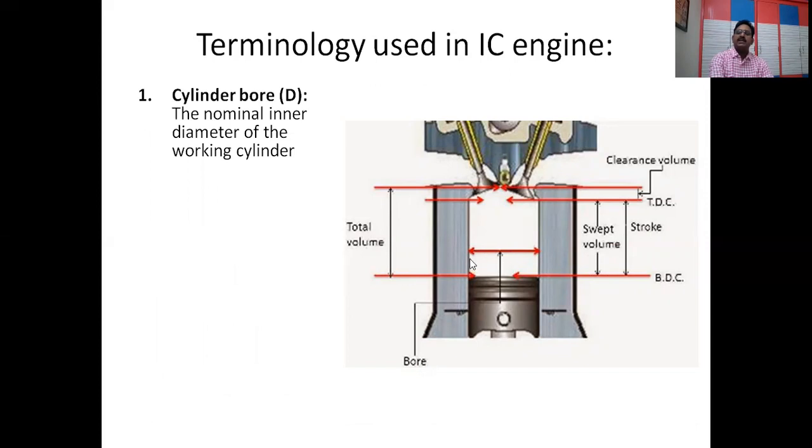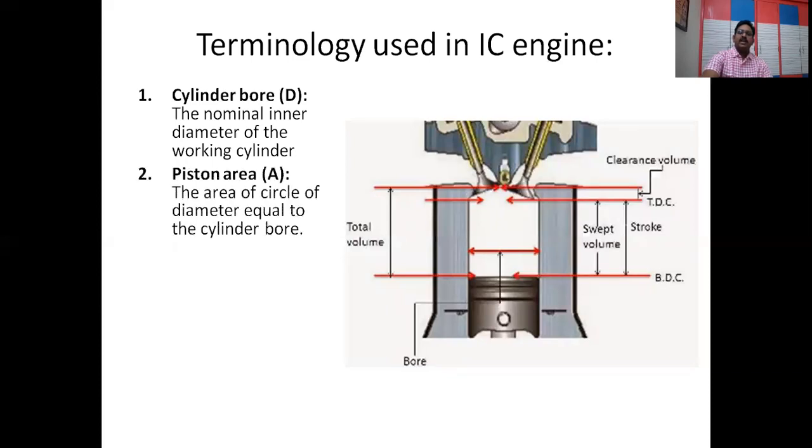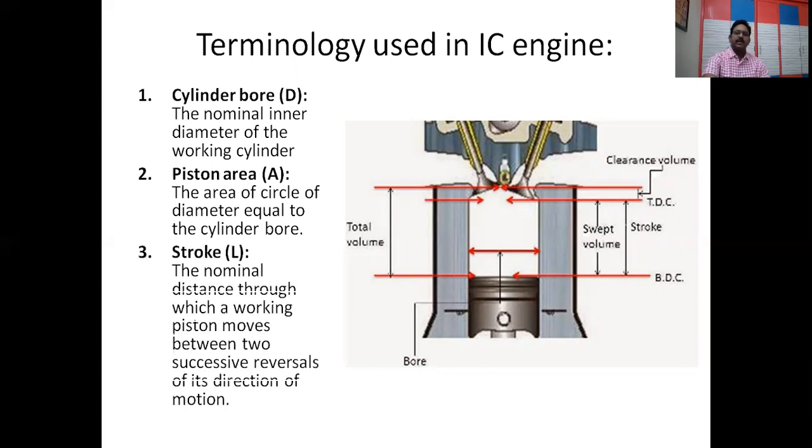What is the diameter? The inside diameter of the cylinder is called the cylinder bore, or inner diameter of the cylinder. Piston area means the cross-sectional area of the piston, whose diameter is equal to the diameter of the cylinder bore. How much area it is, that is called piston area. It is indicated with capital A.